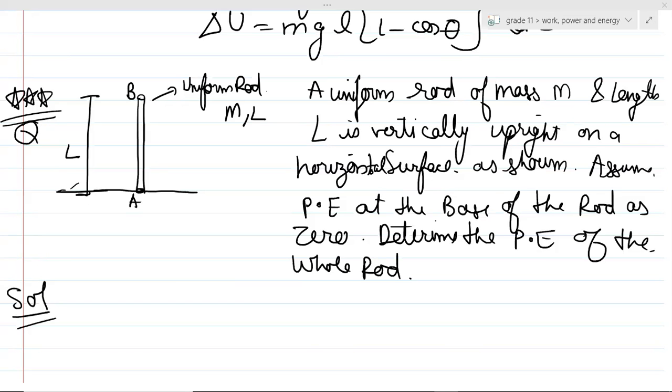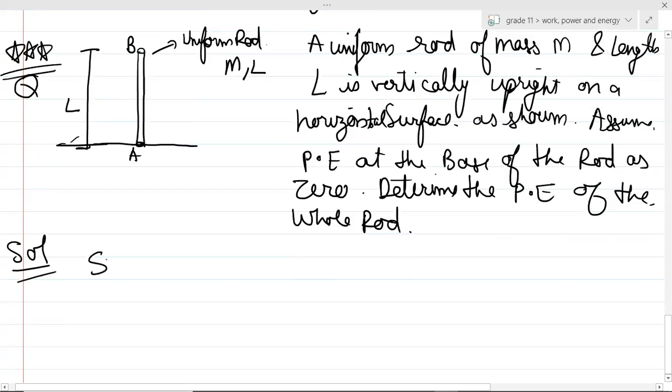See, it is done using something called the small element method. What is this small element method? We'll see. Where do we use this small element method?